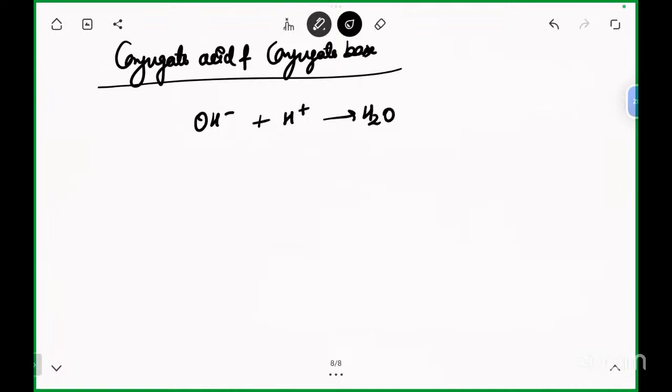Or like HCO3 negative: if I add one H, that is H2CO3, carbonic acid. So just remember, adding H gives the conjugate acid, removing H gives the conjugate base. OH negative is a conjugate base, and H2O is considered its conjugate acid.